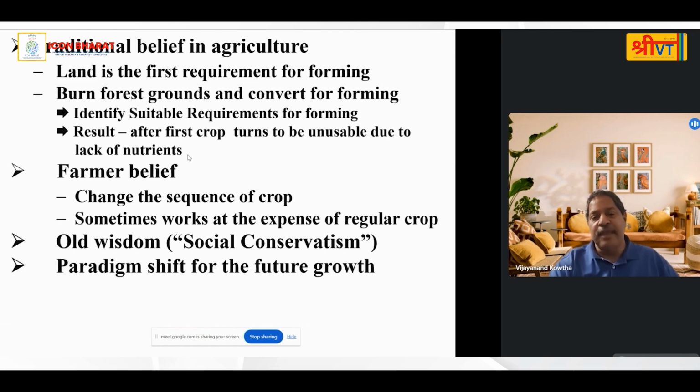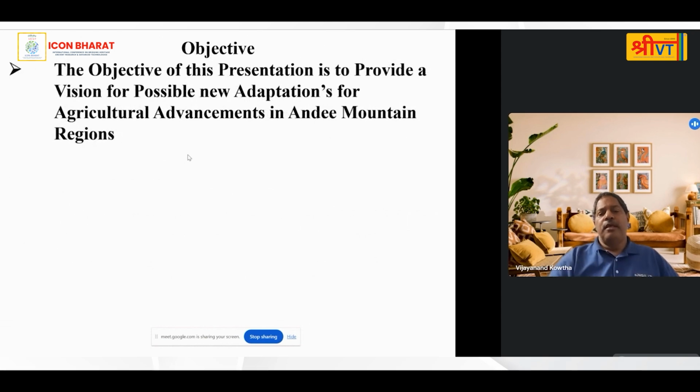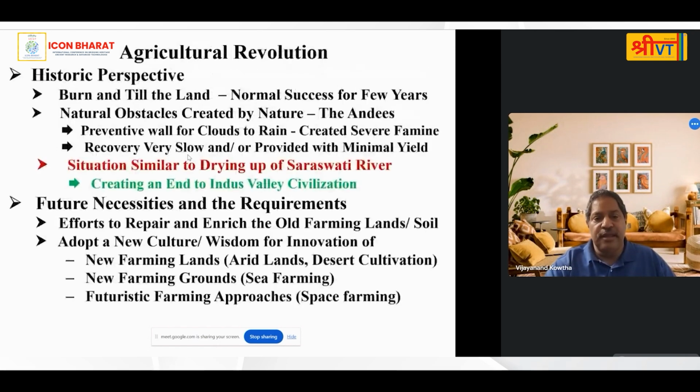And the Scientific American paper that's on the title describes for generations how they have evolved to make sure that it's sustainable. So the objective of this presentation is to provide this vision for possible new adaptation for agricultural advancements in the Andean regions to other areas.